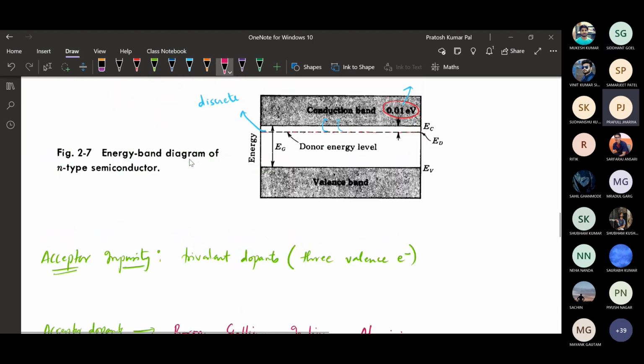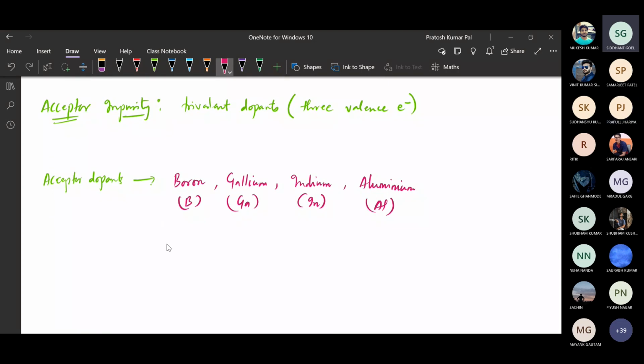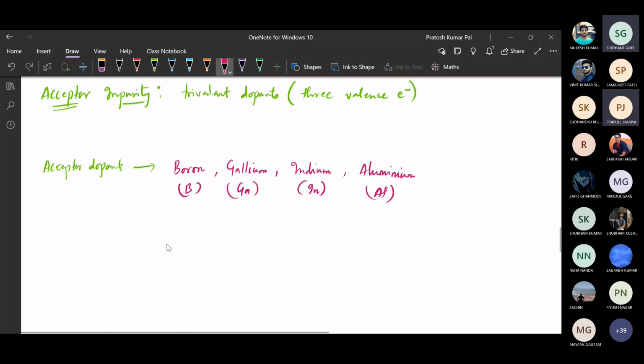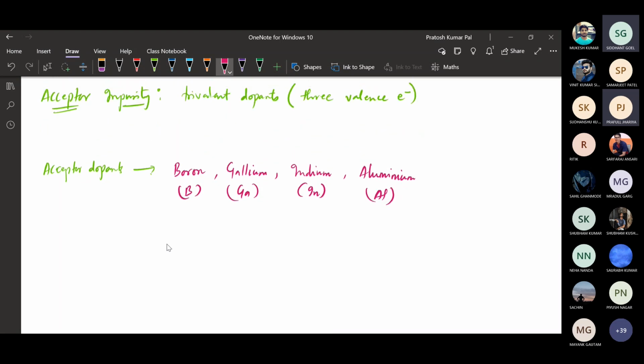So this is just opposite to the donor type of impurities. Similar to the donor type, the impurities in case of acceptor will be creating holes, and that will form an extrinsic semiconductor, called a p-type semiconductor.